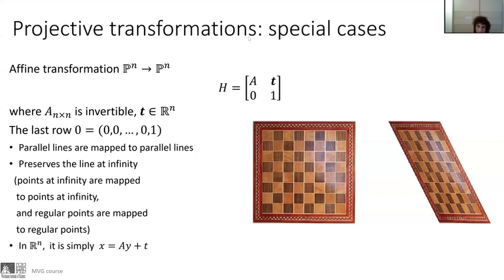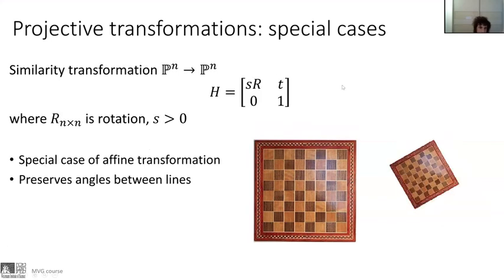This is due to this last row. In an exercise, you will later be asked to show that essentially only the affine transformation keeps the line at infinity at infinity. For example, a general homography does not do it.